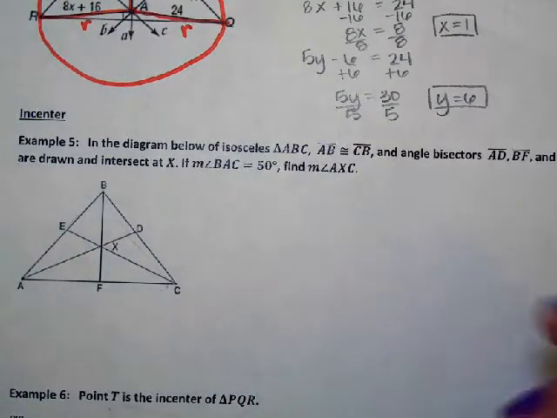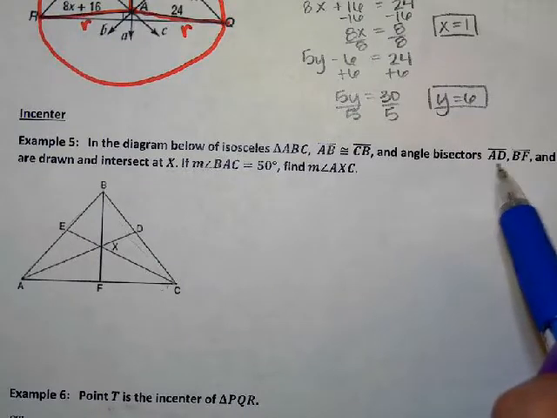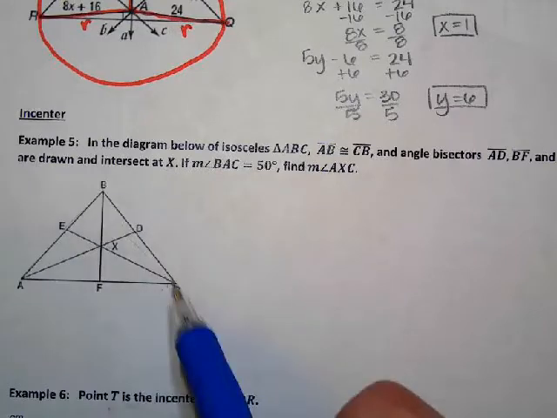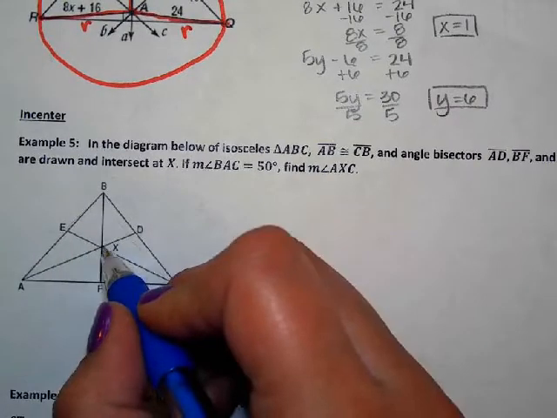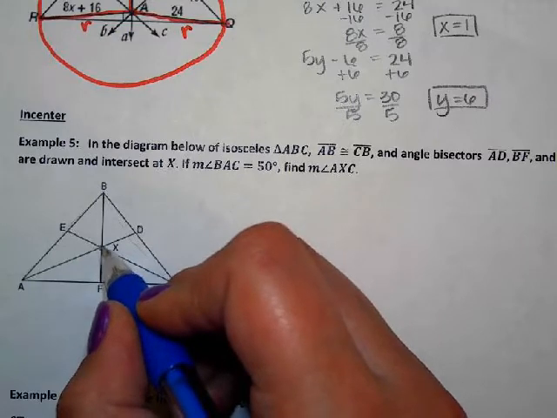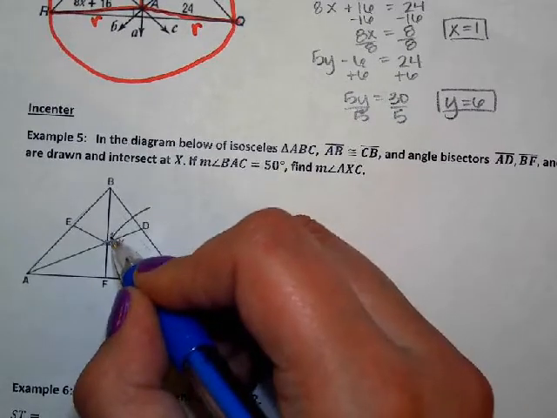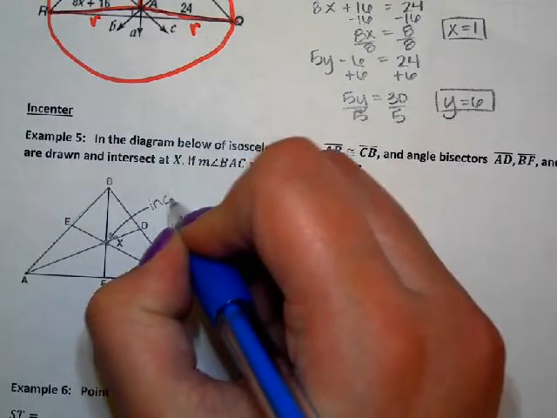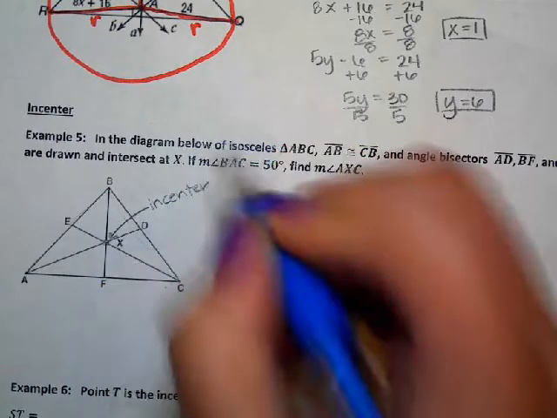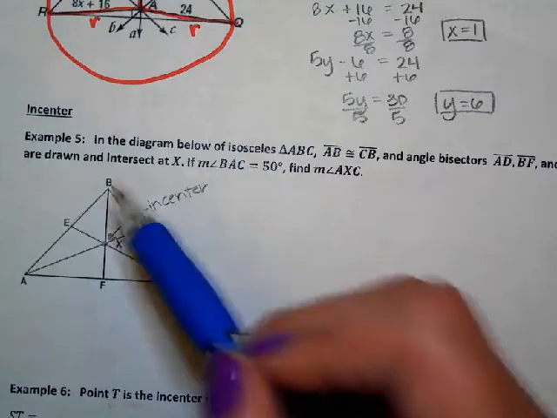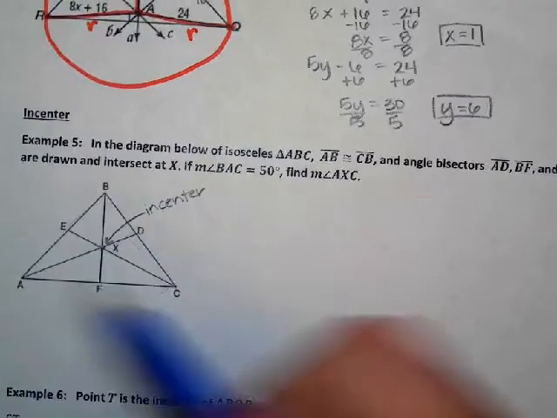Angle bisectors AD, BF, and CE are drawn and they intersect at X. They're telling us that this is an incenter, because they called those angle bisectors. They say that angle BAC, the whole thing, is 50 degrees.